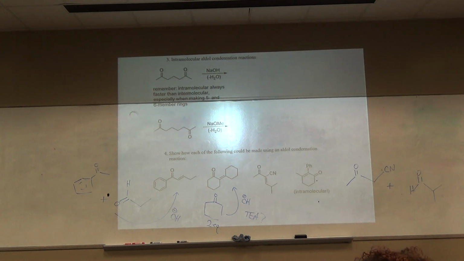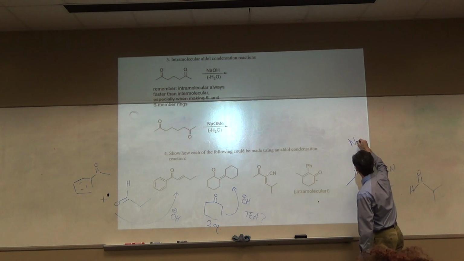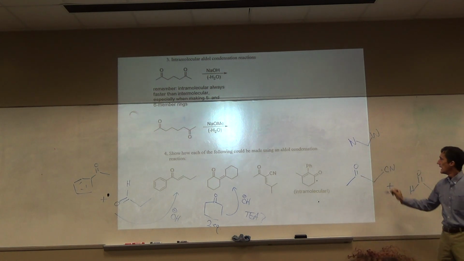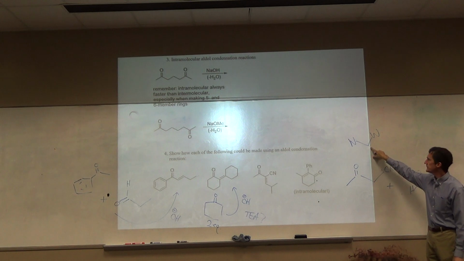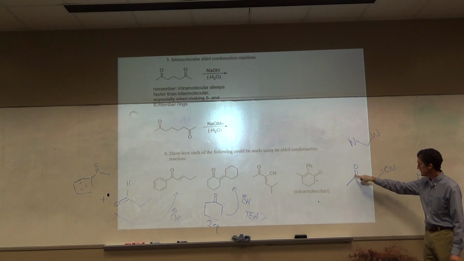Look good? This particular compound here is an example of an activated methylene. Activated methylene is very common, between two electron-withdrawing groups. This happens to be a cyano group, the other is a carbonyl.